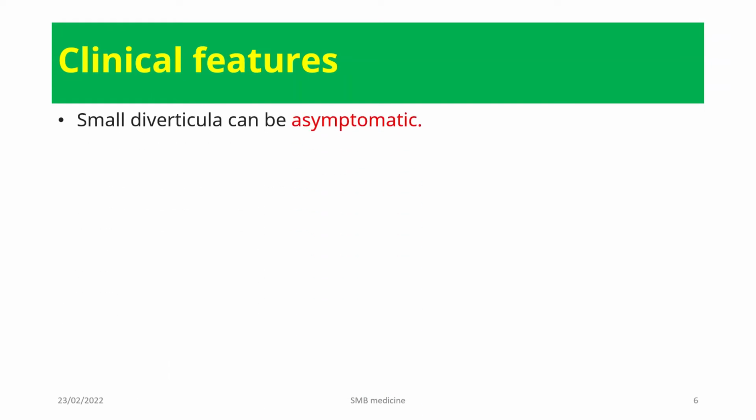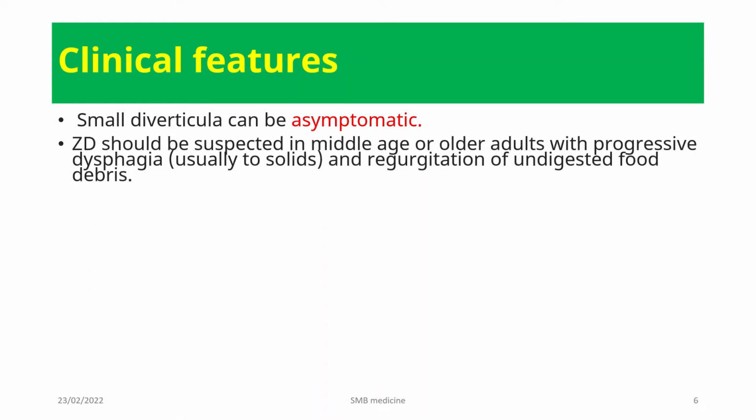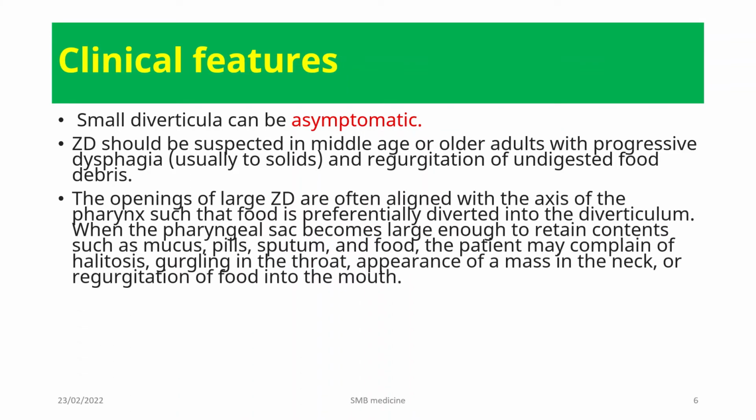Clinical features: small diverticula may be asymptomatic. ZENKER'S diverticulum should be suspected in middle-aged or older adults with progressive dysphagia, usually to solids, and regurgitation of undigested food debris. The opening of a large ZENKER'S diverticulum is often aligned with the axis of the pharynx, such that food is preferentially diverted into the diverticulum.